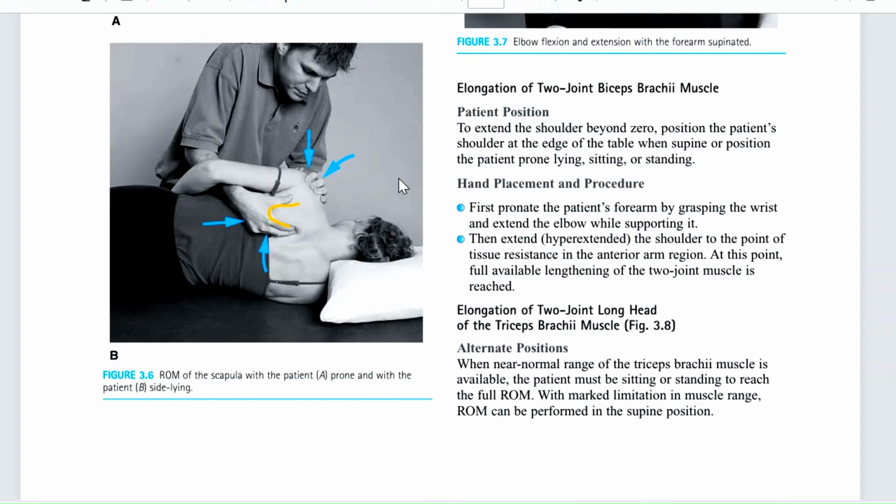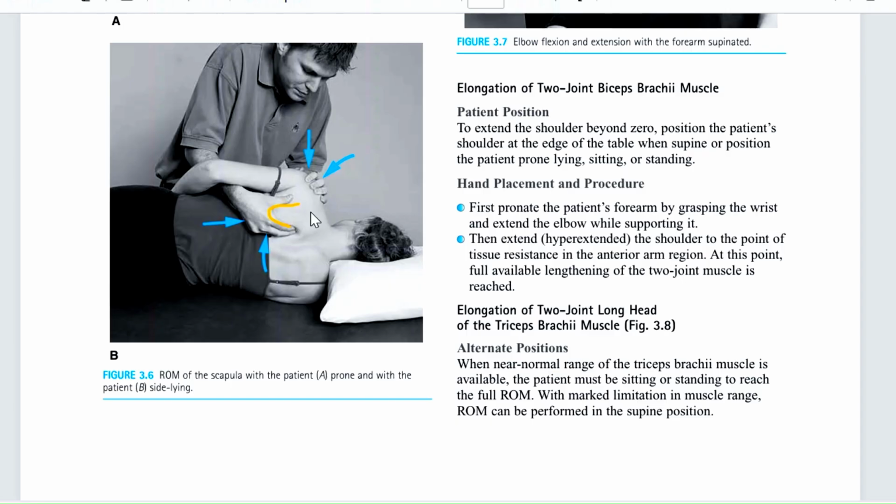Same like that, performing in a sideline position, one hand on the acromion, the other hand on the inferior angle of the scapula, and now you can perform elevation, protraction, retraction, and depression. Every movement is performed in this position as well. Okay, so easy to make.